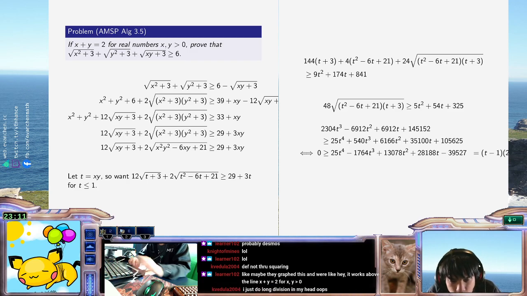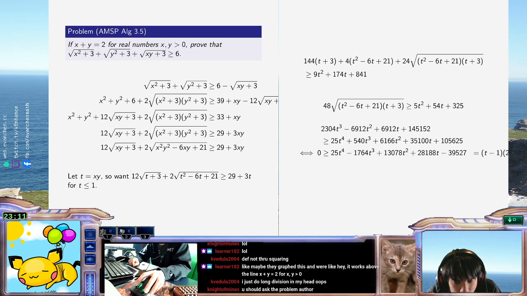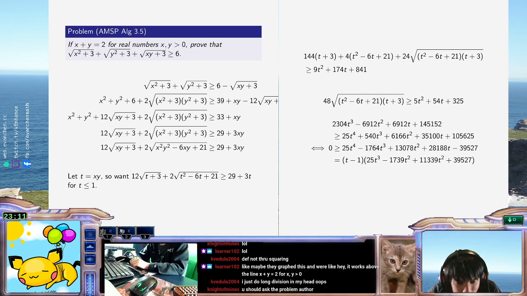So what happens when t is close to 1 here? Is it a double root? It might be a double root just given how sharp I've seen the inequality. No. This has got to be positive, right? Because t is less than or equal to 1. Yeah, okay, this is just positive, right? Did I flip any signs? I don't think I did.